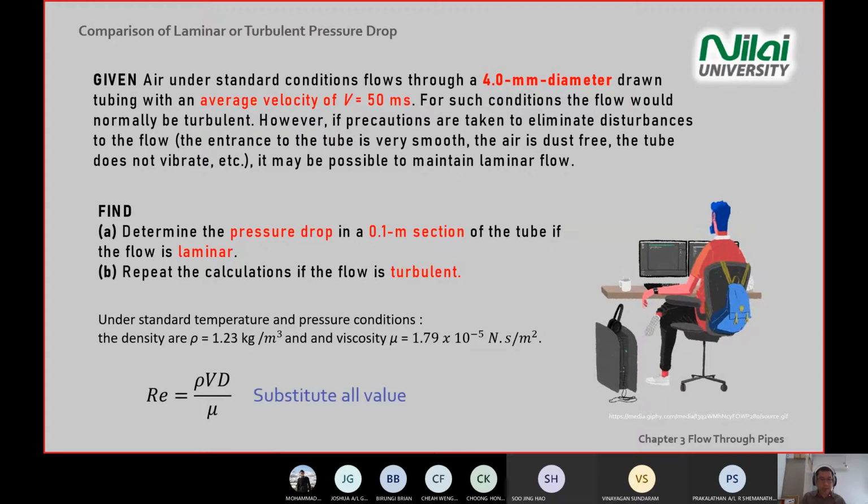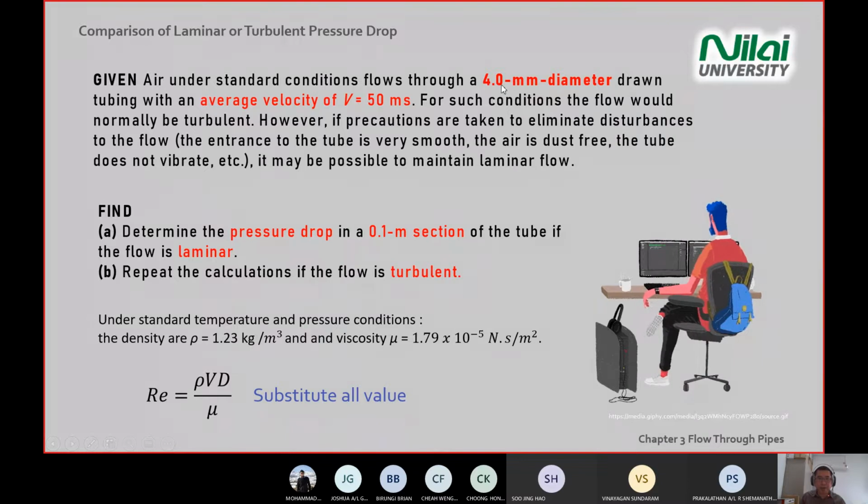If you substitute the standard values for air under standard condition, you have rho already. Velocity is given, again a typo error: the average velocity is 50 meter per second, the stroke is missing, so just take note on the question. V is given, D is given. Diameter, again, be careful on the unit.